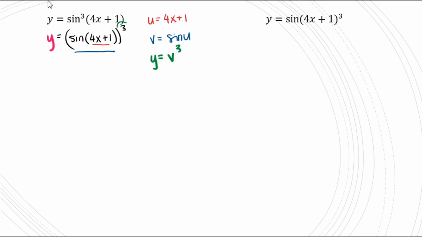So that cubed. Okay, here we go. So we're going to start with du, just so we have it. And we see that du is 4. Great. And now we have dealt with that function.